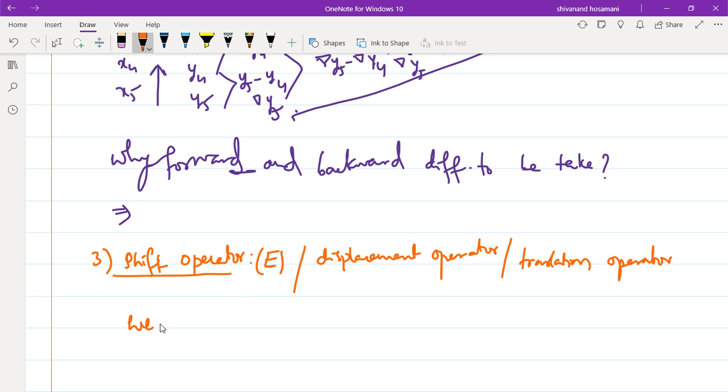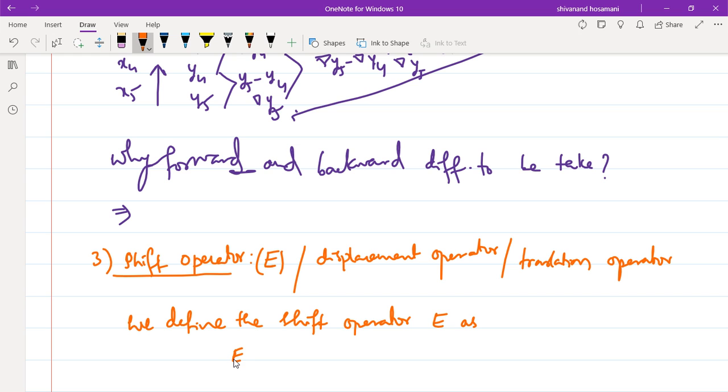So we define the shift operator E as follows.